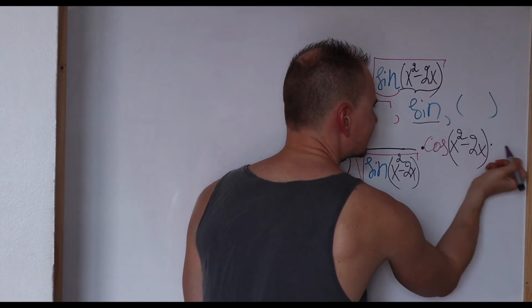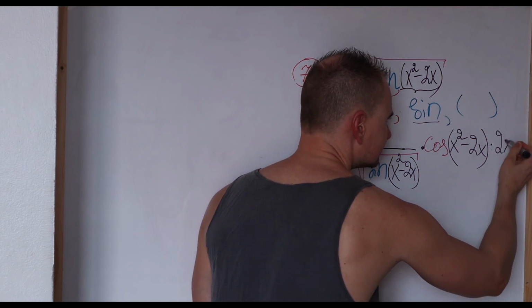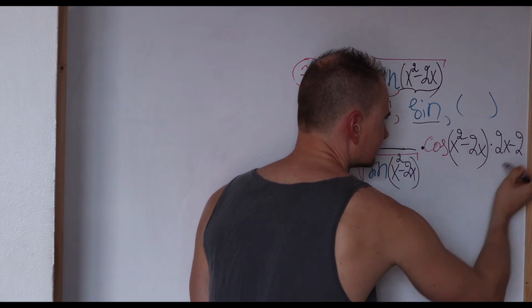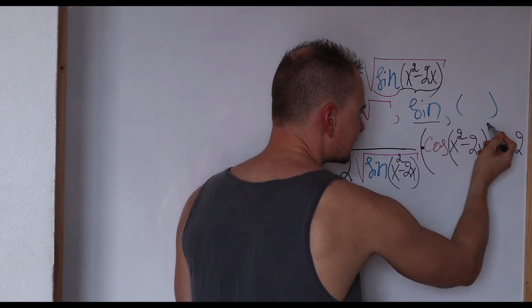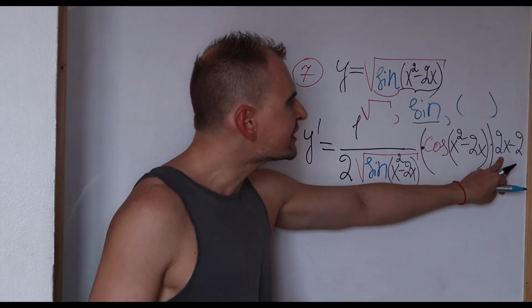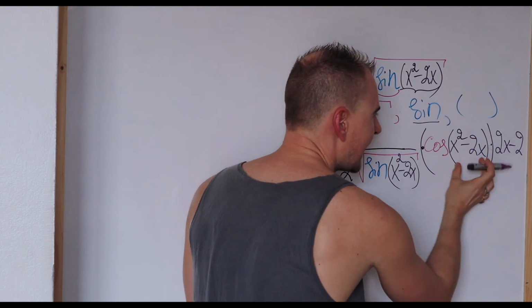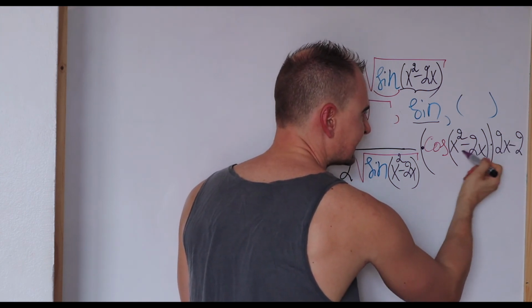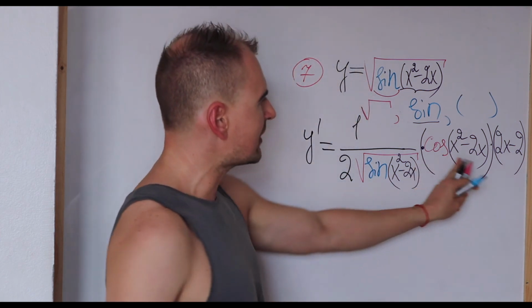This term gets multiplied by 2x minus 2. And I'm going to draw the parentheses over here in order not to jumble these 2x minus 2 and the argument, which looks very similar, the argument of cosine.